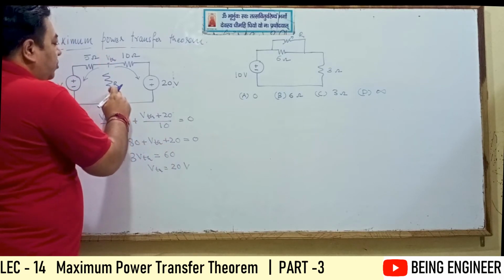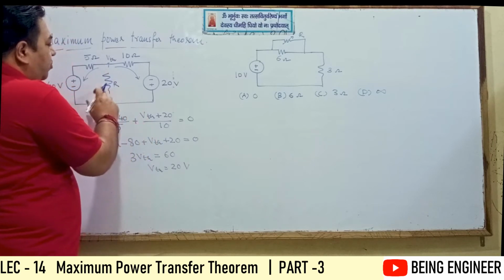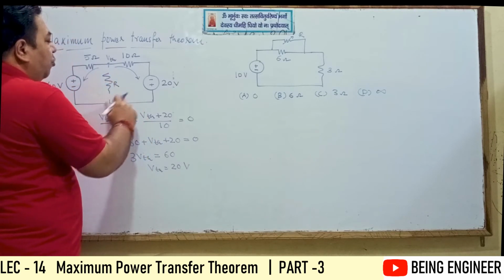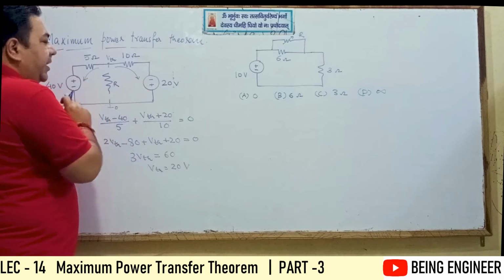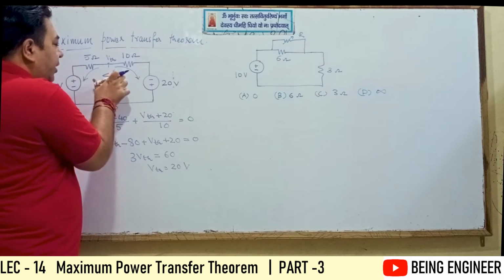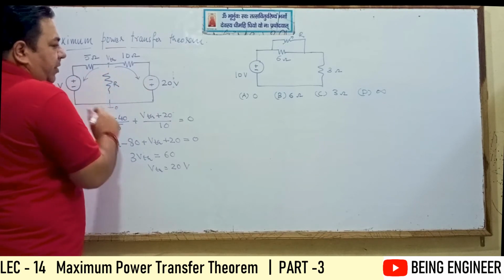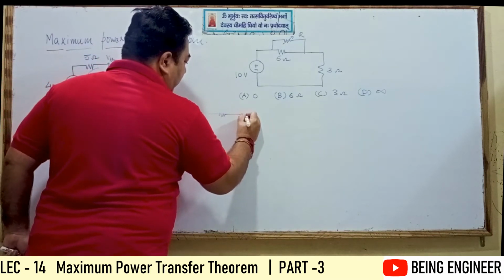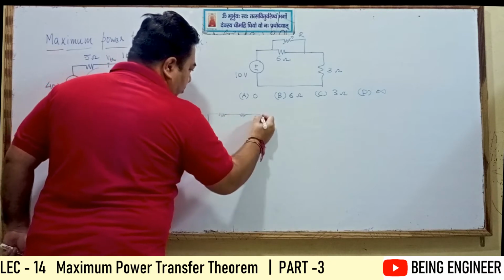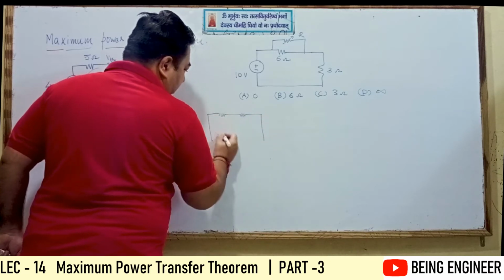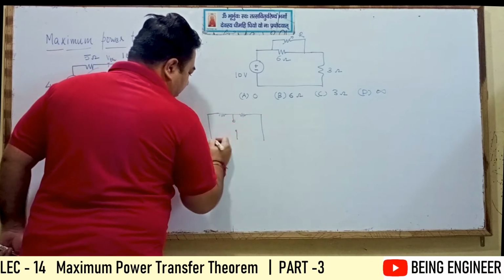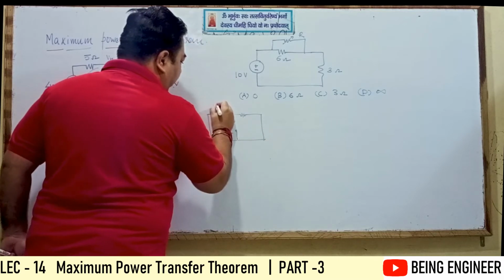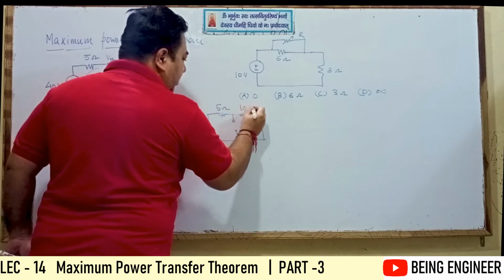Now we have to find RTH. If I want to find RTH in this problem, what do I have to do? Both the voltage sources will be deactivated and we have to look into the open circuited load terminals. Both the voltage sources get short circuited and we have to see in between the terminals. This is the 5 ohm resistor, this is the 10 ohm resistor.